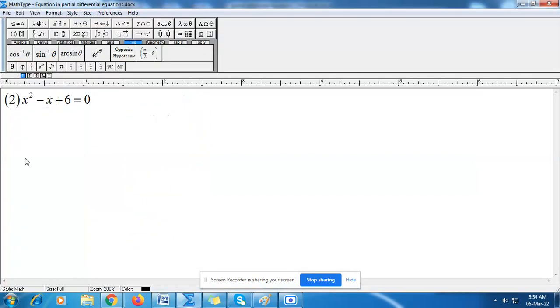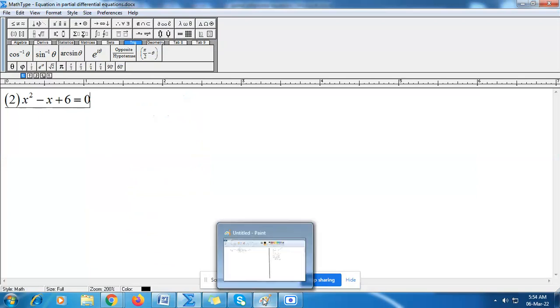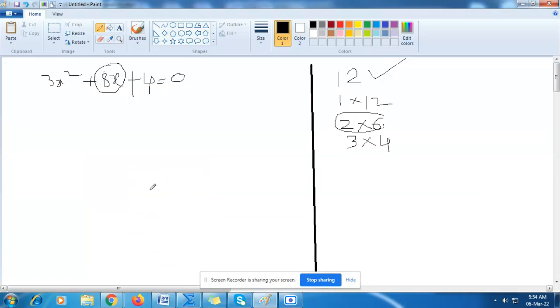And the next one is x square minus x plus 6. Here also take the product of first and last. So 1 and 6 is 6. And the factors of 6 are 1 6 is 6, 2 3 is 6.